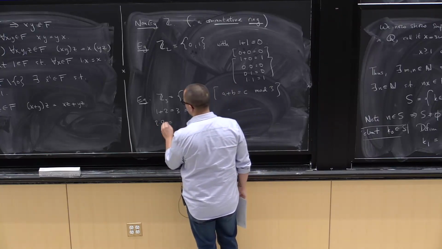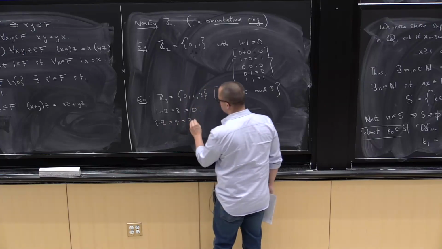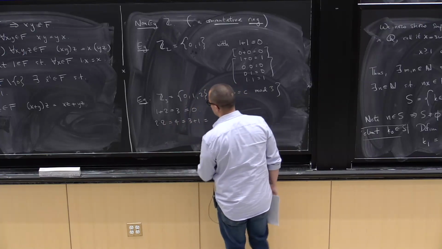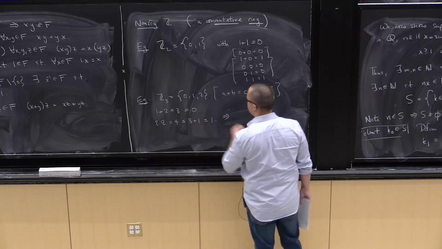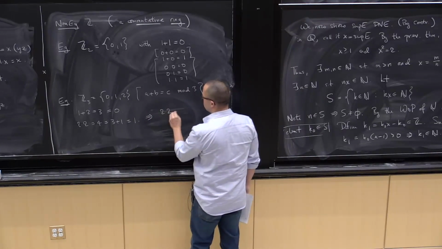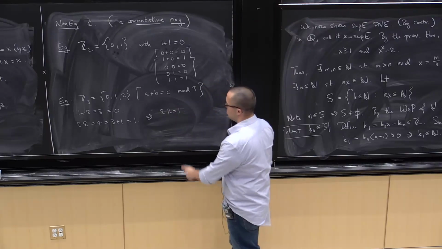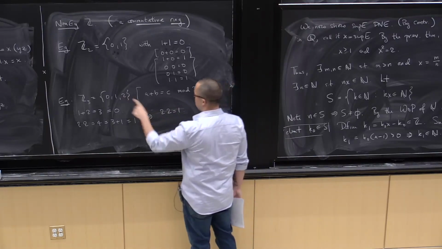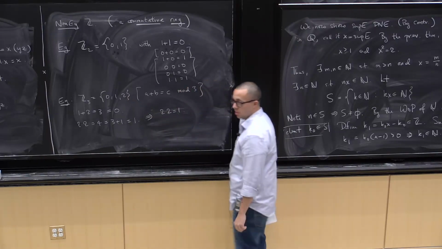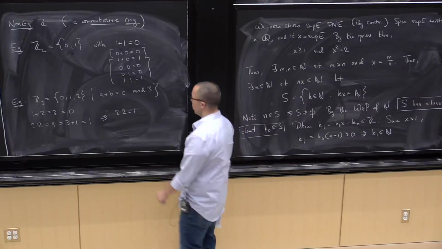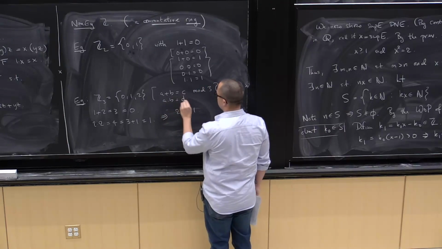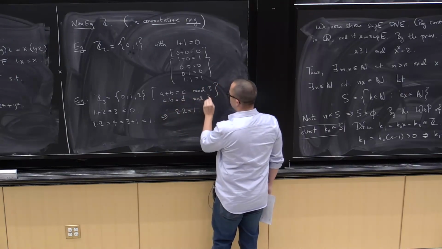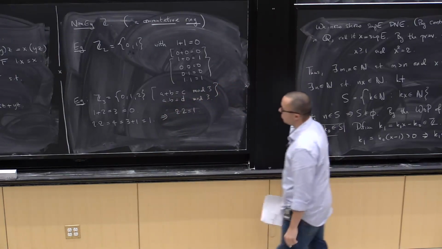2 times 2, which equals 4, which equals 3 plus 1. Multiples of 3 are 0, so that gives me 1. In particular, this tells me that in this field, 2 times 2 equals 1. So the multiplicative inverse of 2 is given by itself, 2. All right? And A times B equals, let's say, D mod 3.